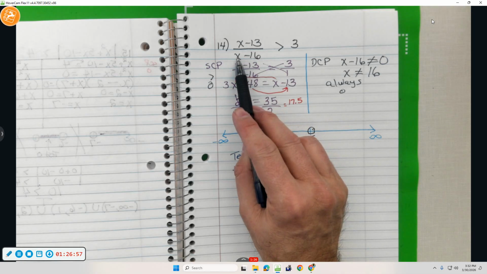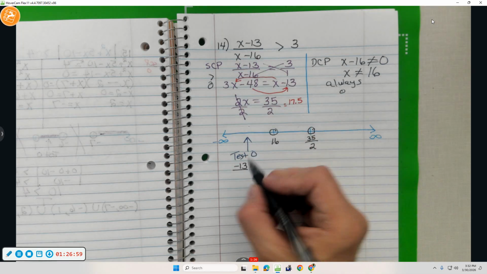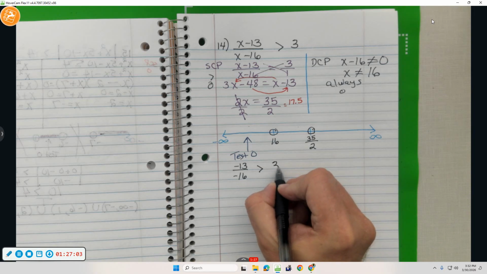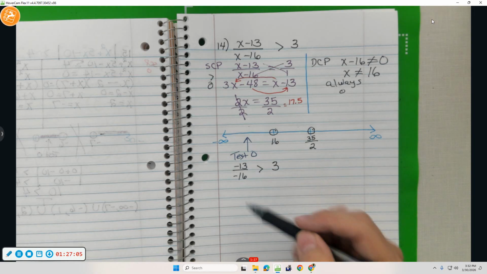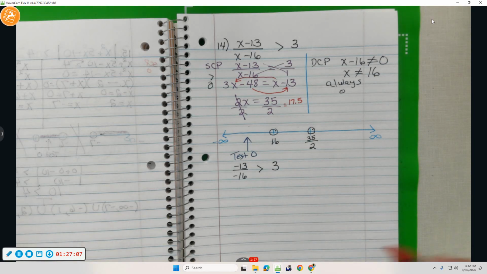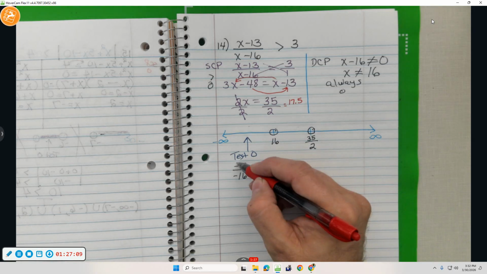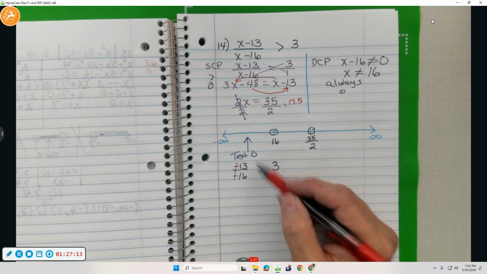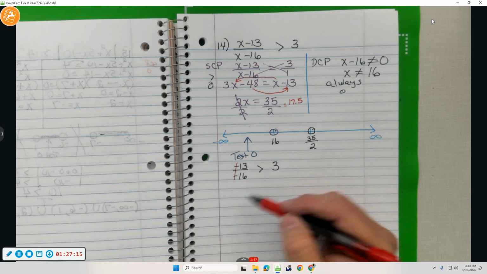And what about on the bottom? 0 minus 16, negative 16. True or false? A negative over negative is positive, but 13 over 16, that's less than 1, isn't it?